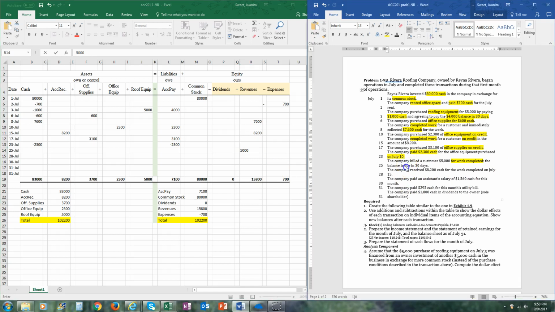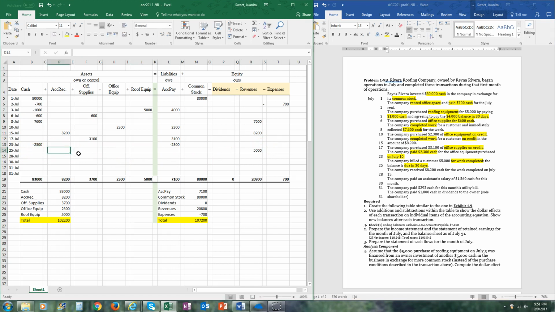They're going to pay us in 30 days. That means that we have a receivable. So the revenue is $5,000 and it's on account $5,000. Once again, we're in balance.